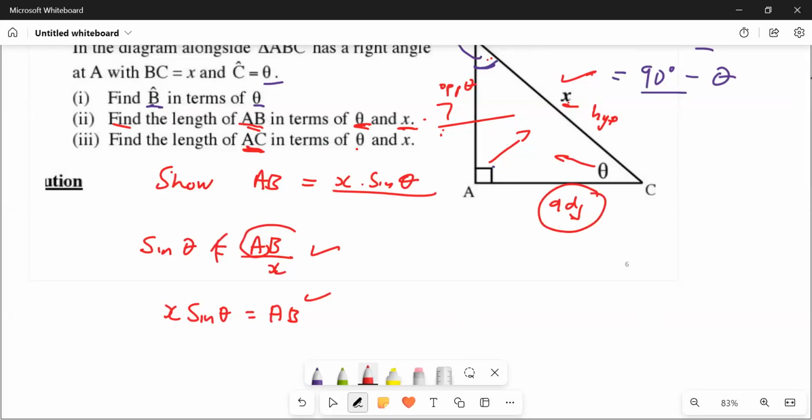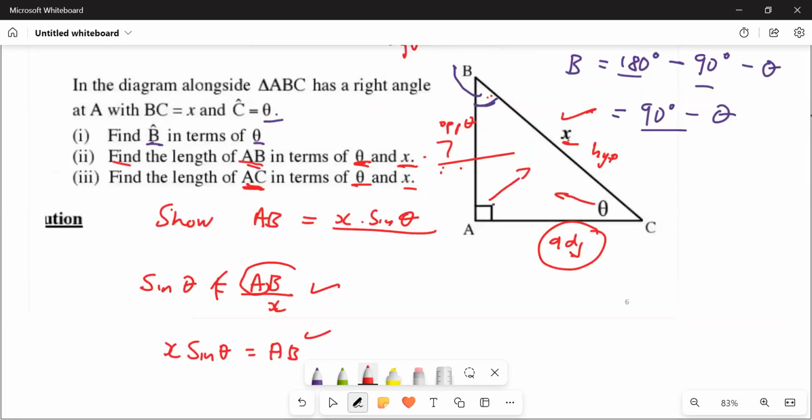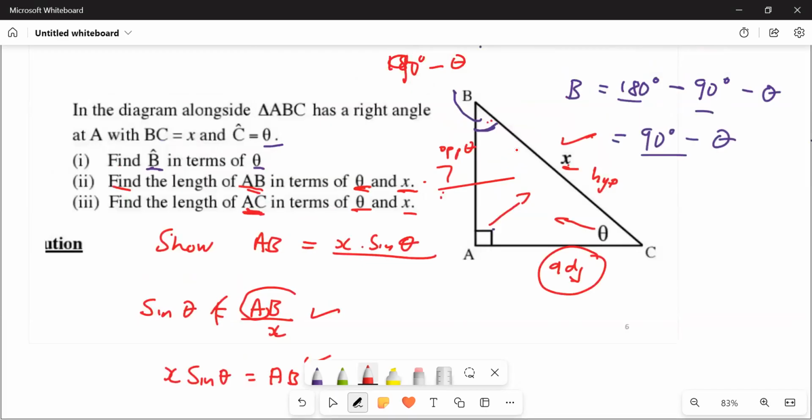They say we should have theta, and we should also have x. So we want to have x, and we also want to have theta. How would we get this side here, AC? We're calculating AC again. So we are going to use a trig ratio which has adjacent and hypotenuse.